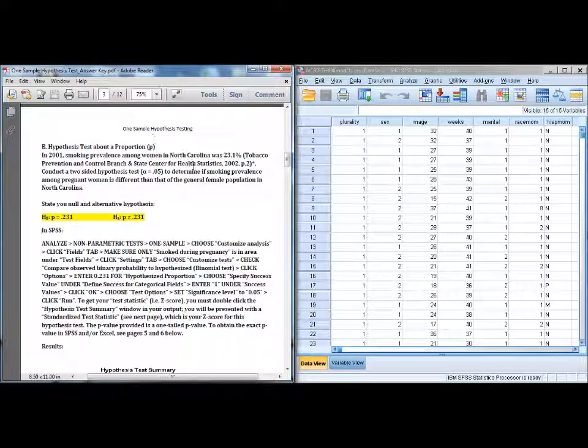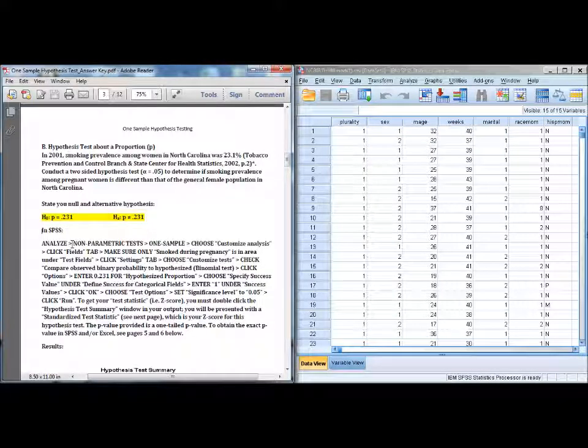So that's our population. And remember, last week we learned how do we create a sampling distribution from that population. Remember that the mean of our sampling distribution is the true population parameter.